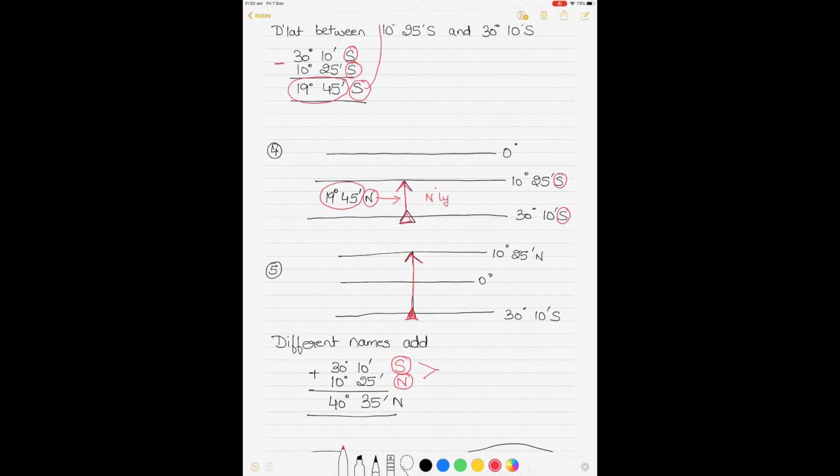Different names, you will add, as per the rule of thumb. The answer, of course, you get is 40 degrees and 35 minutes, and it's in a northerly direction, so you name it north. So this is how you calculate DLAT. Go through the different examples again to get a better understanding.